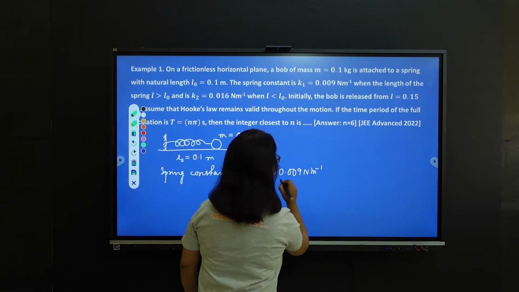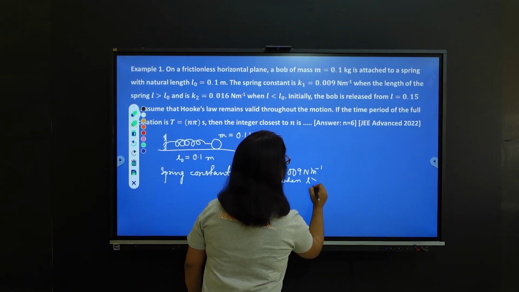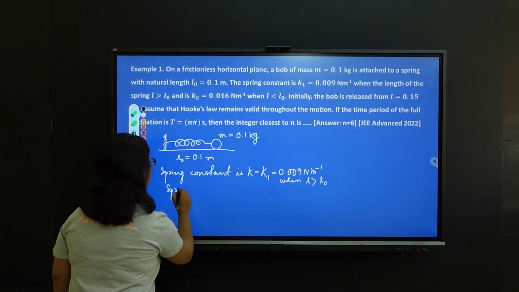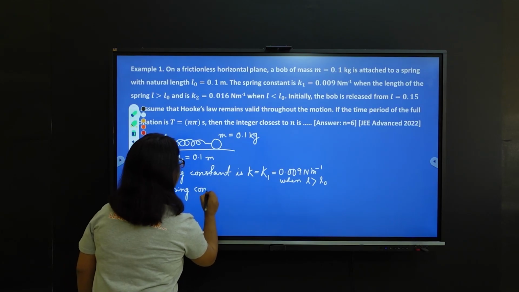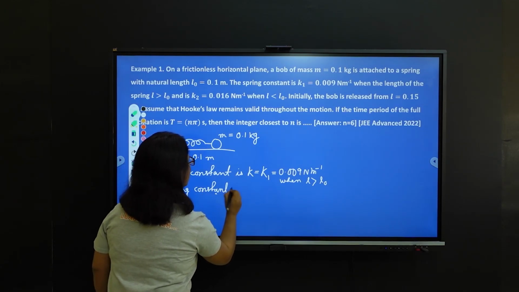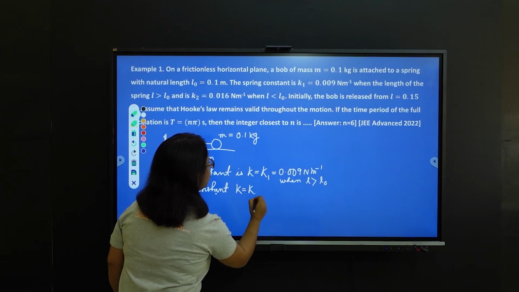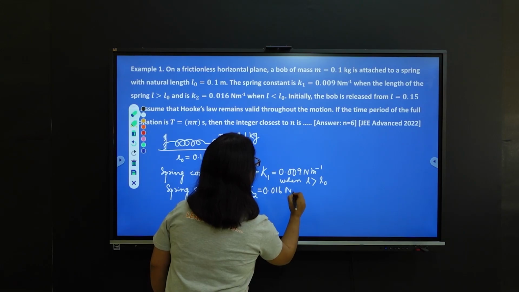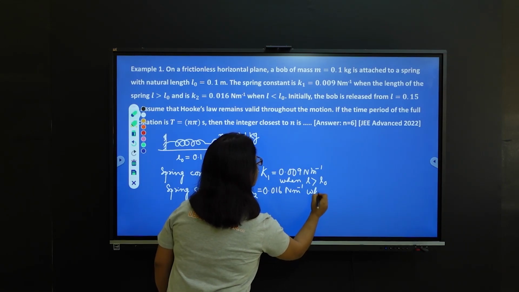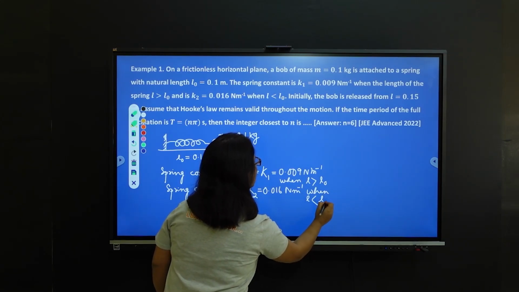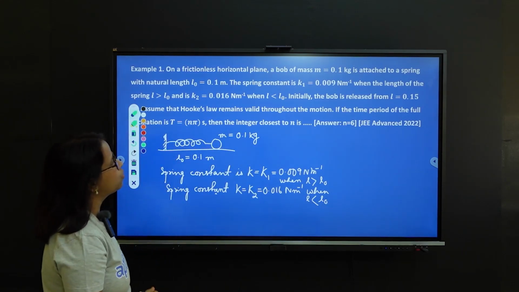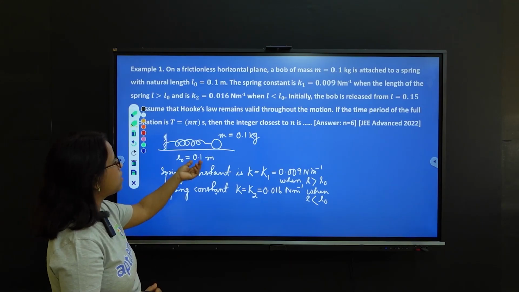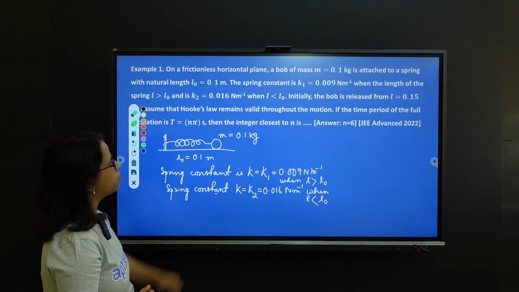This is when L is greater than L naught, and we have the spring constant K equal to K2, which is equal to 0.016 Newton per meter when L is less than L naught. So these are the two conditions for the spring constant. The natural length, as we can see, is equal to 0.1 meter.